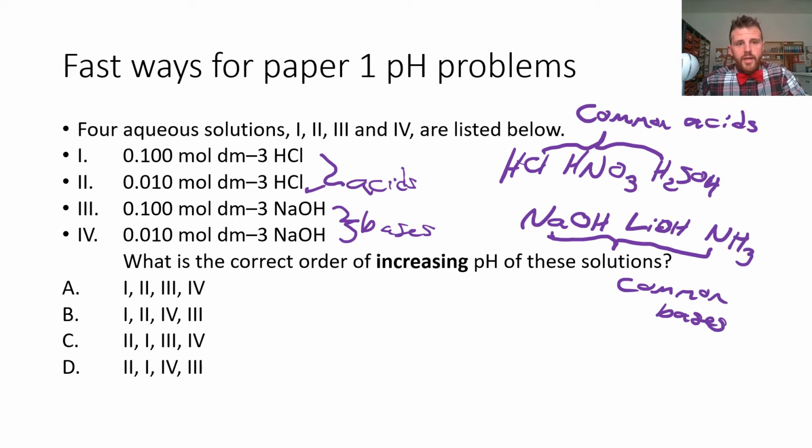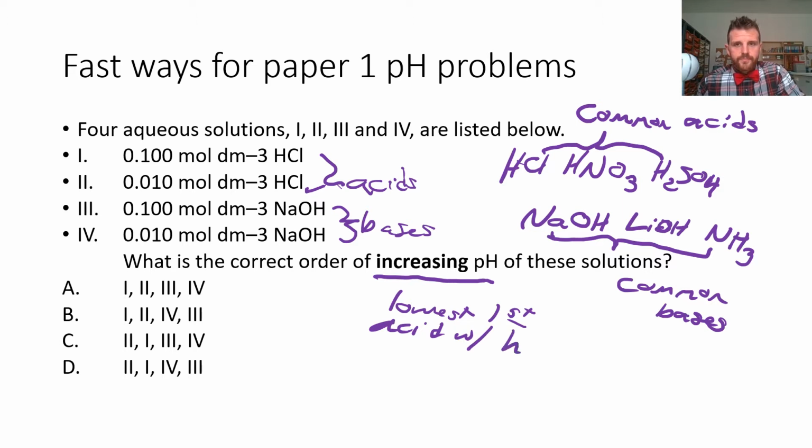So anyways, I got acids and bases, and we're trying to get these in order of increasing pH, so I want lowest first. So what that means is I'm going to pick the acid with highest concentration, and then I'm going to move on to the base with the highest concentration.